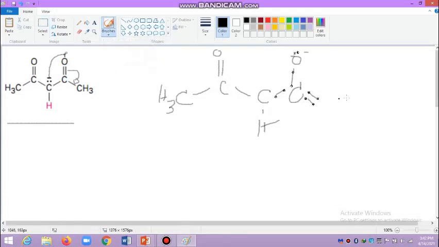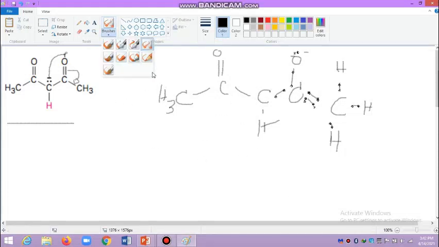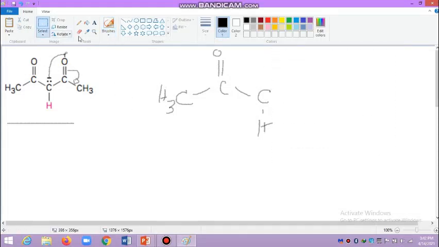So, C, it has 3 hydrogen atoms. So let's count its electrons. 1, 2, 3, 4, 5, 6, 7, 8, 9, and 10. So it has 10 electrons. So ibig sabihin, this form is not valid. So let's try another. Let me fix that first.